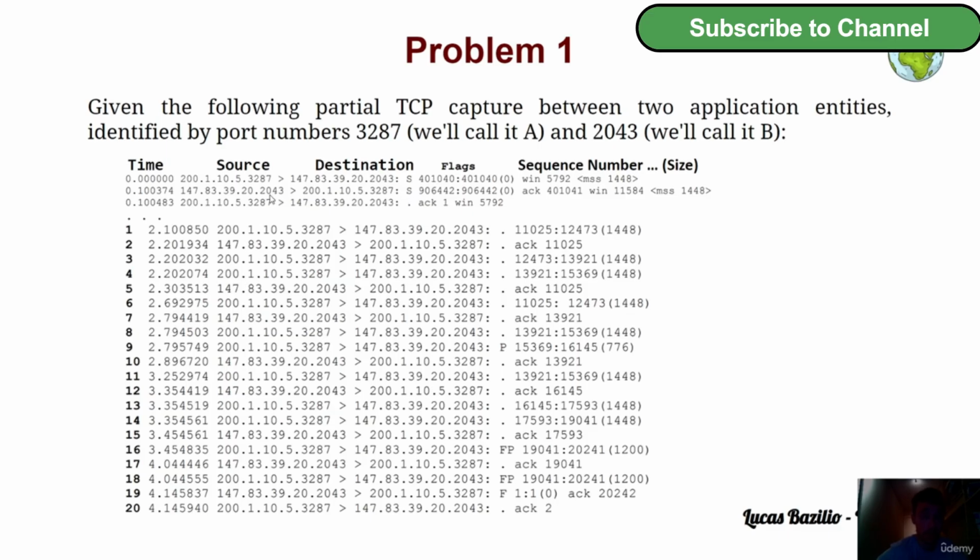As we can see in this packet from the application B, we have a time 0.100374. We can see the times in seconds, so the difference between this one, 0.100374 minus 0, is essentially 0.100374. So this is the difference between the synchronization and the first response from the server in this three-way handshaking in the TCP connection establishment.